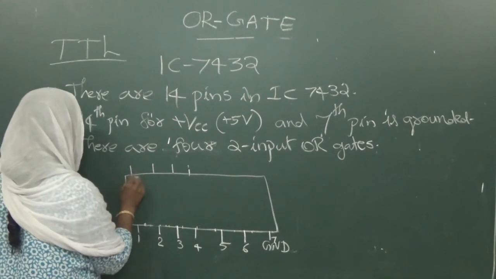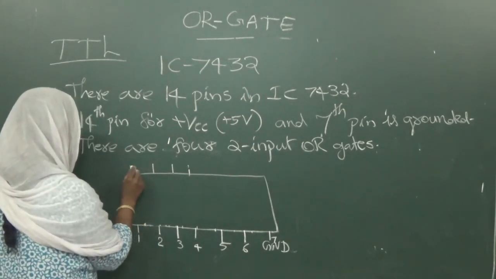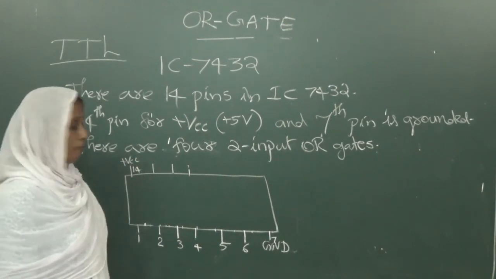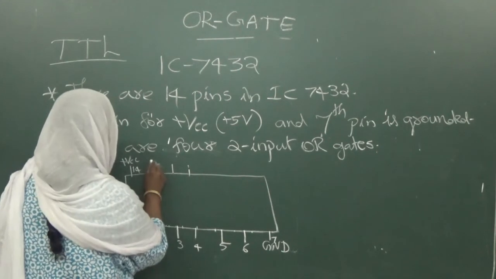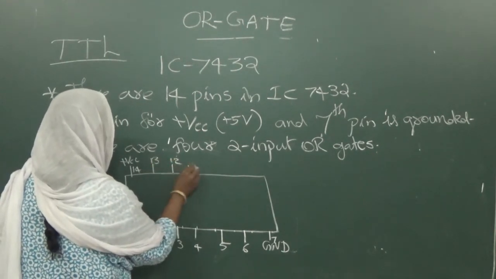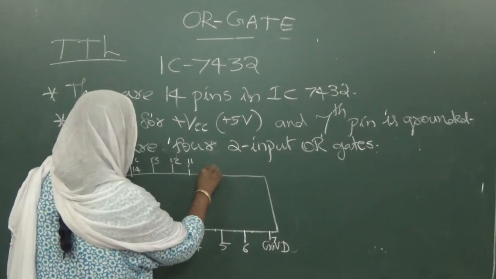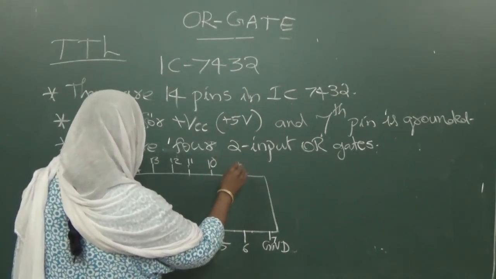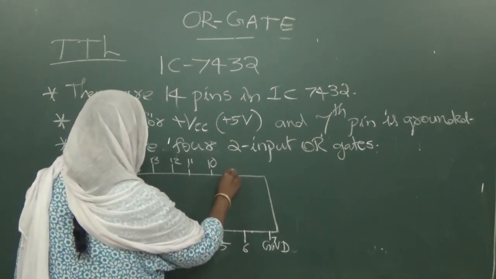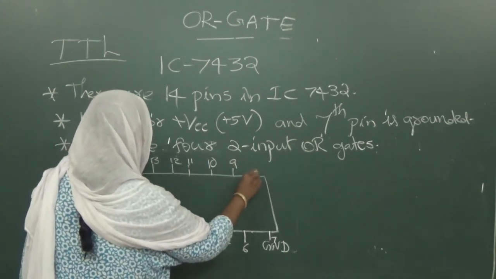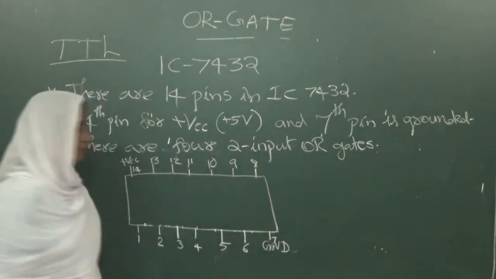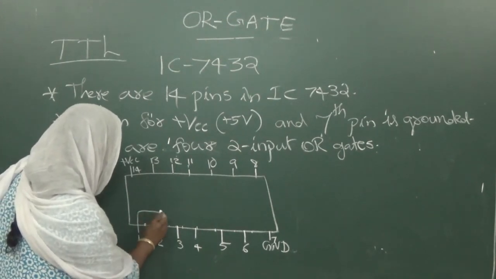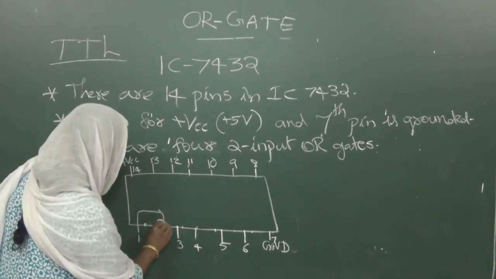This is the 14th pin, plus VCC. Then 13, 12, 11, 10, 9, and 8. Okay, and here we have OR gates like this.